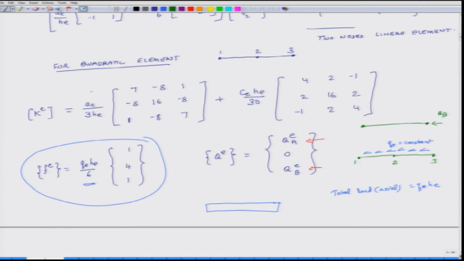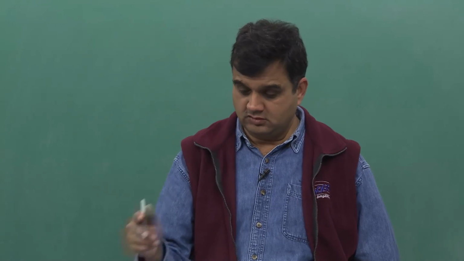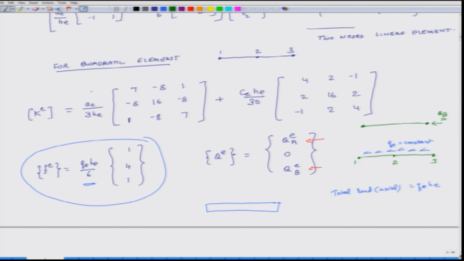And why is this appearing? Because I have cut it. So when I take the free body diagram, that QB will appear. Similarly, there will be QA on this end, if this is point A and this is point B, but there will be no force at the middle point because of my free body considerations.